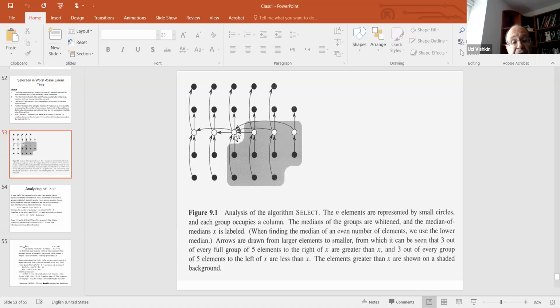And in the same symmetric way, it is guaranteed to be larger than 3/10 of these elements. What we don't know is the relationship to the elements in the lower left side or in the upper right side. And this I explained in the last lecture. If you want me to re-explain it, I'll be glad to do it. But this is the claim.